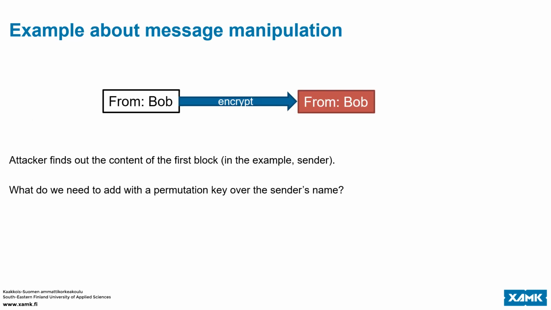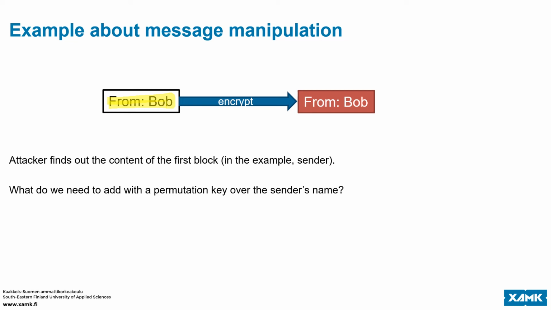Let's take a practical example. Let's say we have an email that has come from Bob. Here on the left we have the plaintext message, and on the right we have the same message, but in its encrypted form. So let's say our attacker finds out the content of this first block of the message.